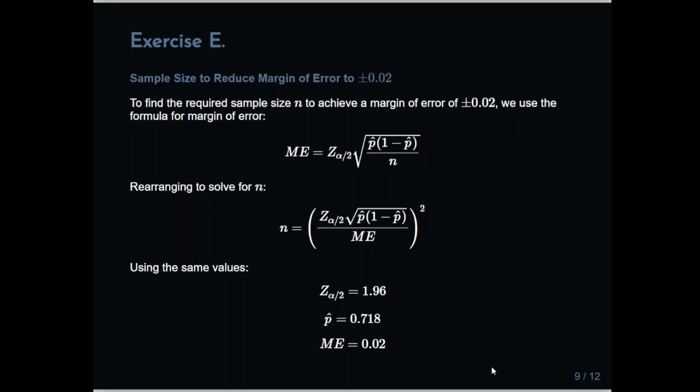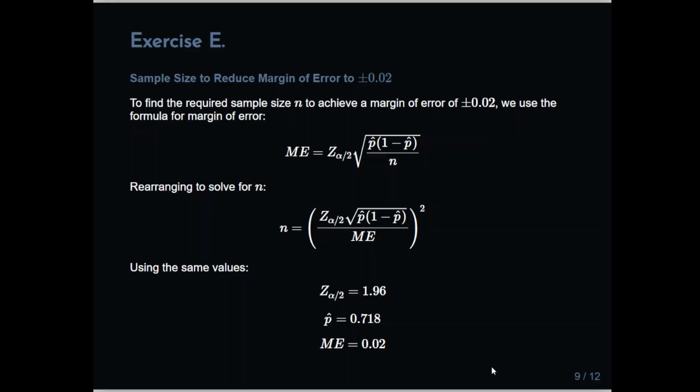What we're going to do here is a little bit of algebraic rearrangement. If we square both sides and rearrange them algebraically, what we end up with is n equals the quantile times the standard error divided by the margin of error, and square that.